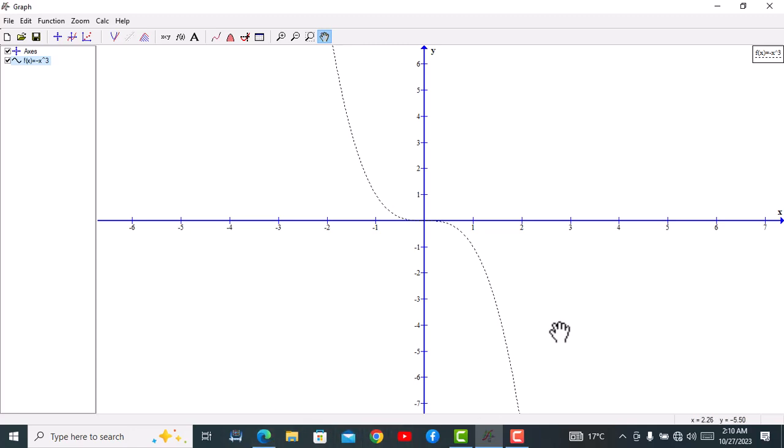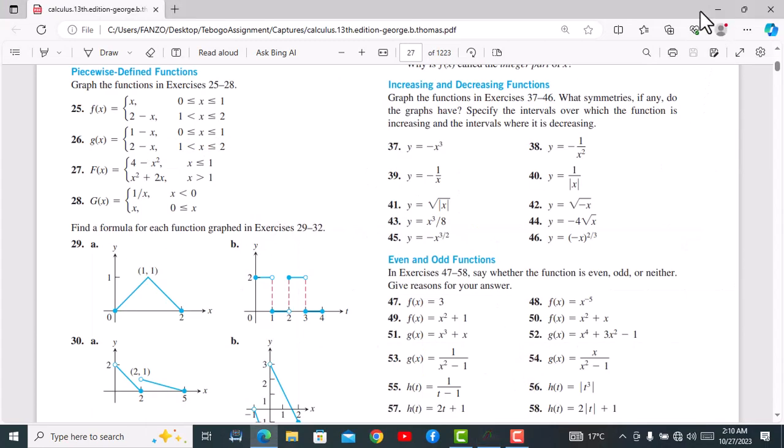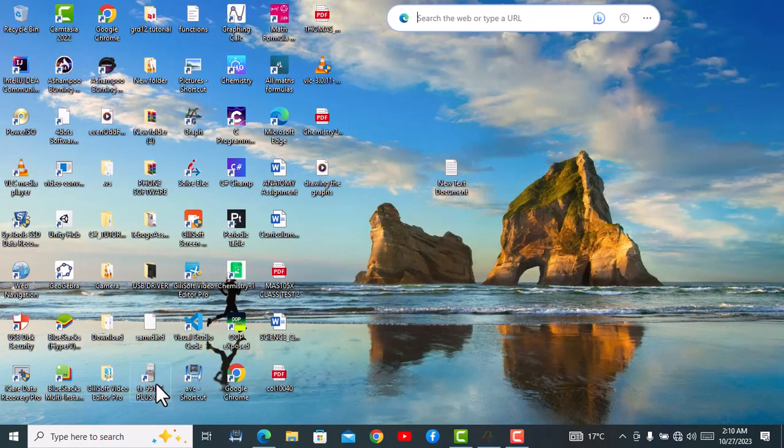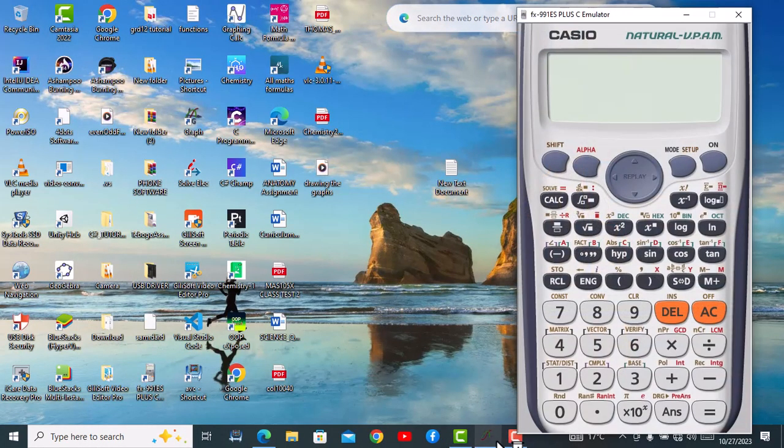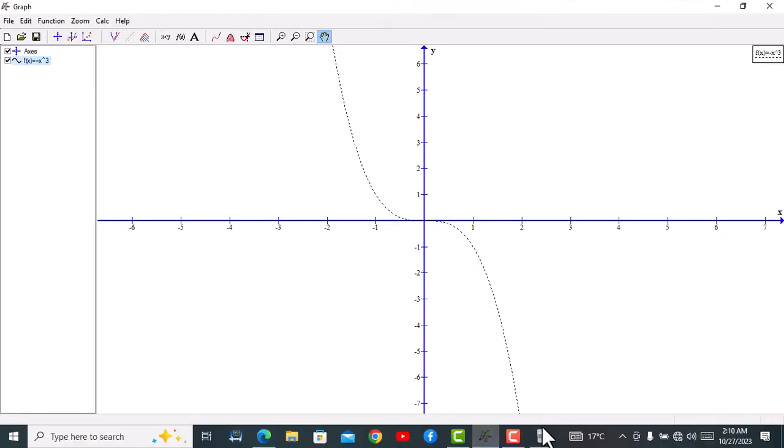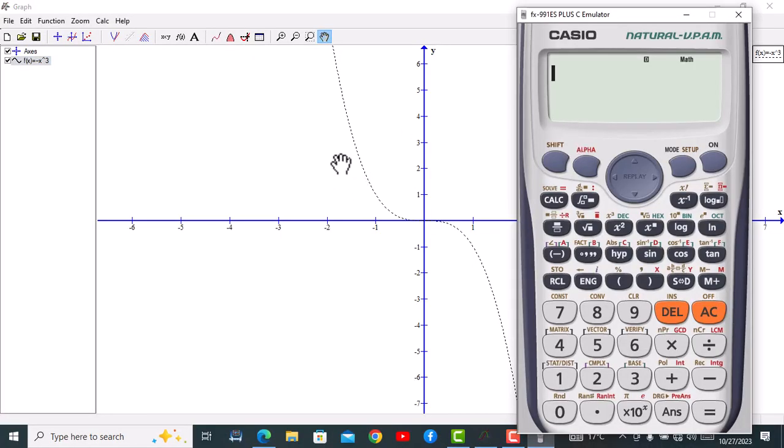So I'm going to call out a calculator so that it may help us to understand this. I can see that the function there is increasing, and there it is decreasing, but I'm looking for the interval. So let me take f at minus 2.